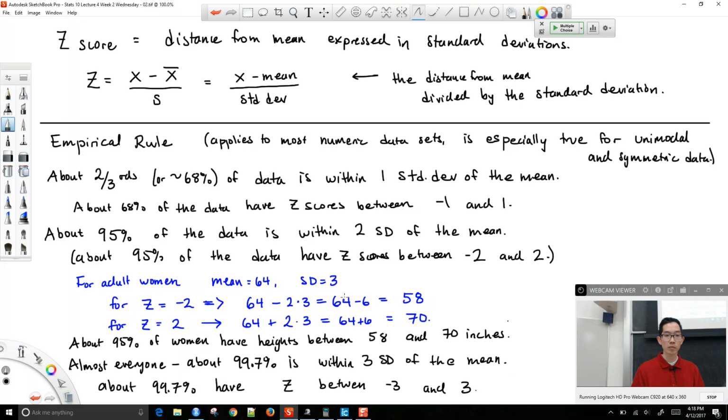And because of this, the empirical rule is also known as the 68, 95, 99.7 rule, because about 68% is within 1 standard deviation, 95% is within 2 standard deviations, and 99.7% is within 3 standard deviations. Is that okay?